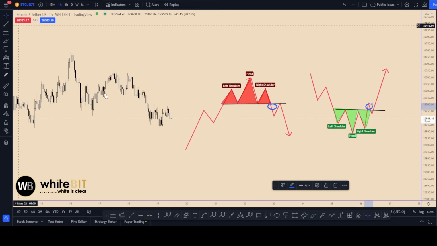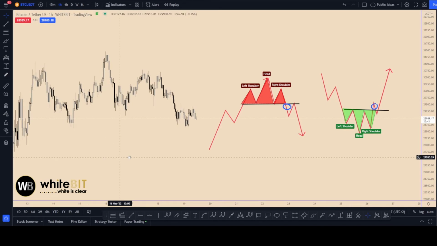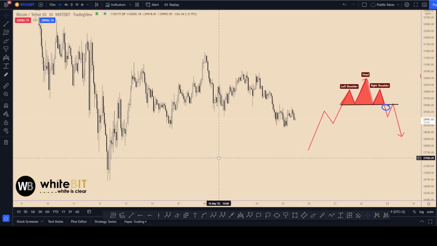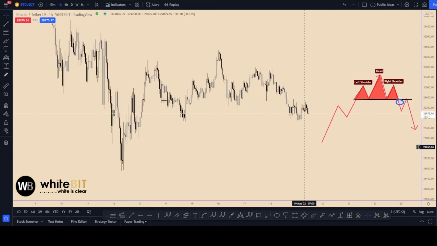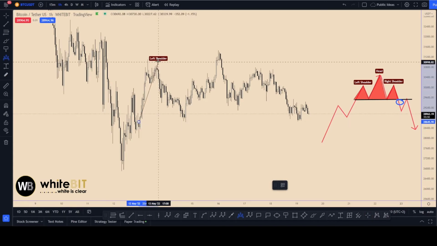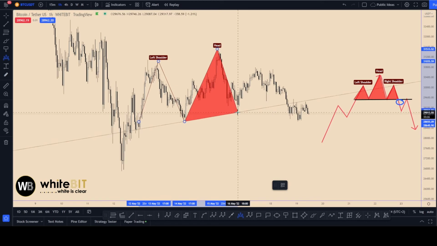So today I'm gonna show you a real-time example in Bitcoin, and you will see a very strange formation here. We are looking at a double pattern overall. The first one that we are going to look at is this pattern here, the bigger one that the price is actually creating.